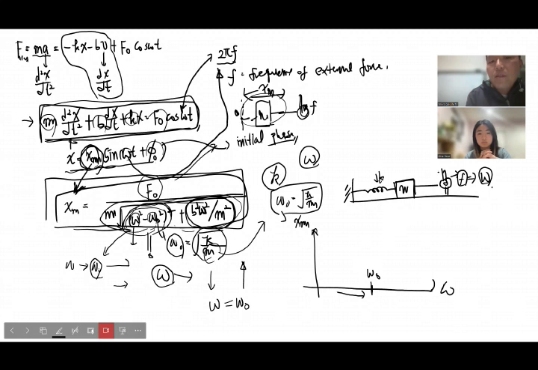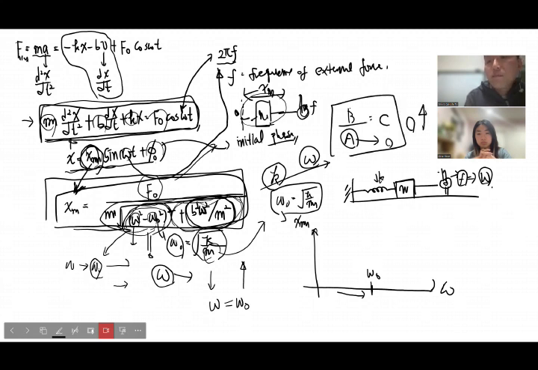Then this inside of the square root will be the minimum number. You have some constant values A and B, and when A becomes minimum, then C becomes maximum, right? So if the frequency goes to omega naught, then you have the maximum value.